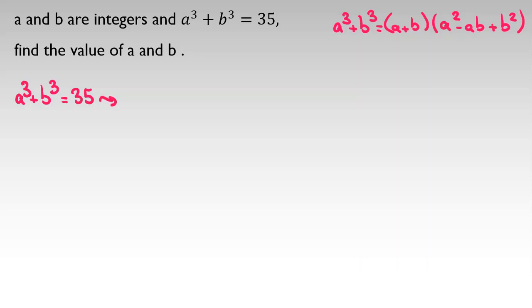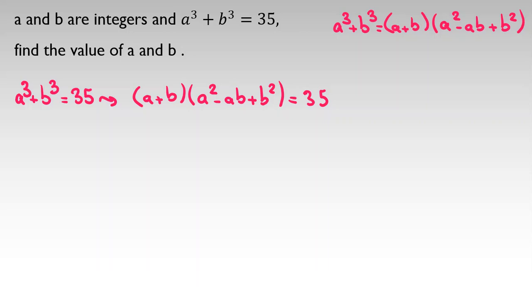So if I write this, (A plus B) times (A squared minus AB plus B squared) equals 35. Here, because A and B are integers, not necessarily positive integers, you should check different cases. One of them can be negative and the other positive.